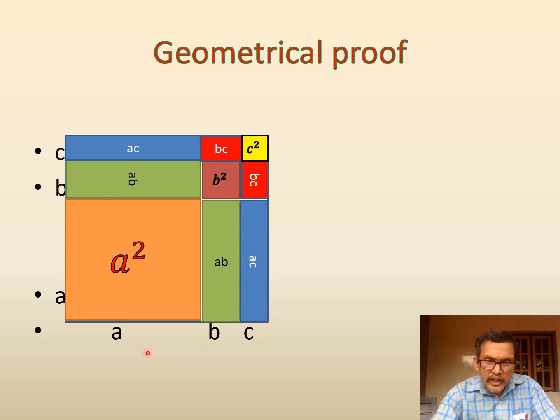Therefore, A plus B plus C whole squared equals A squared plus B squared plus C squared plus 2AB plus 2BC plus 2CA. This is the expansion by using the geometrical method.